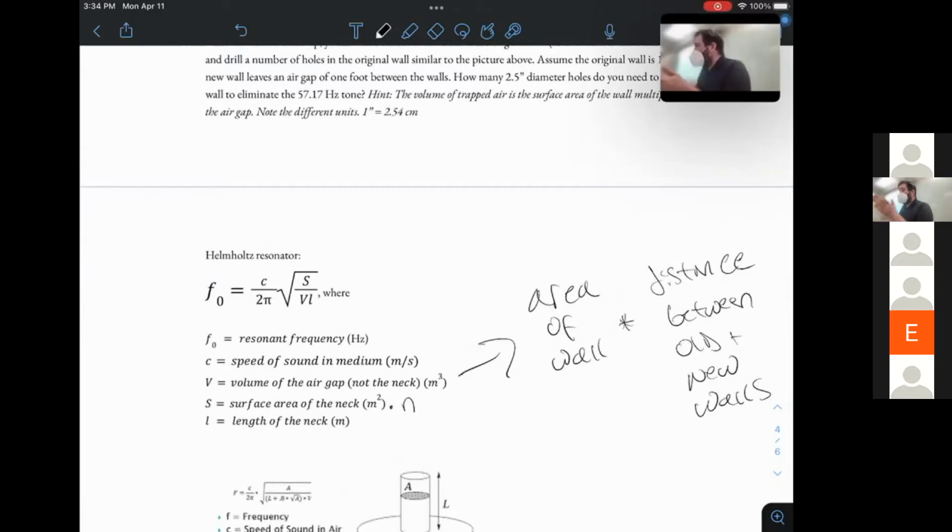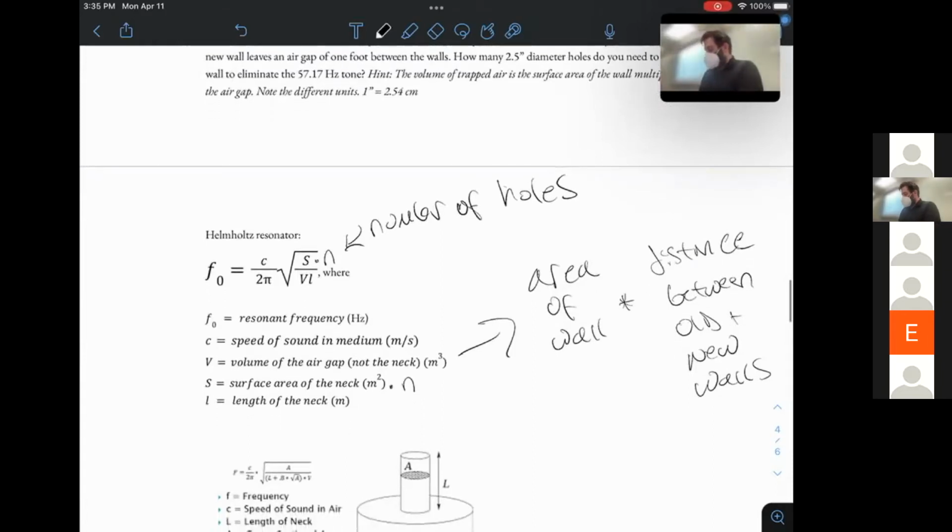But find the front face of that hole. It's pretty easy, right? And then in your equation, it's going to be n times S. N is what you're solving for. How many of those do I need to drill, right? The S itself won't change. That's going to be the same for each hole, right? Number of holes.